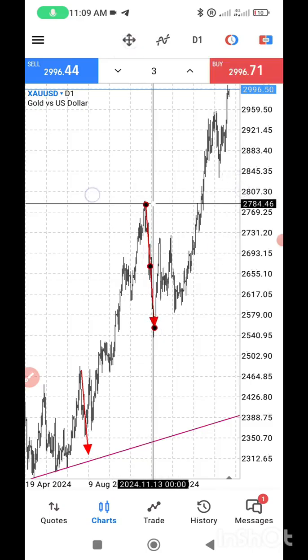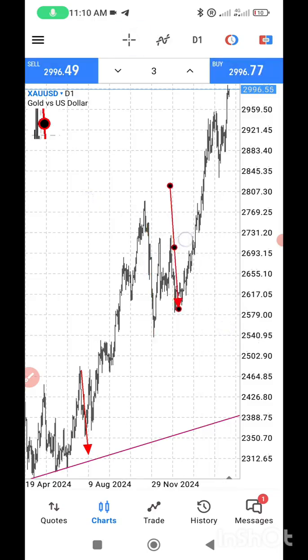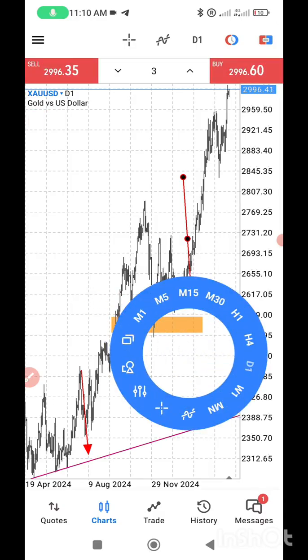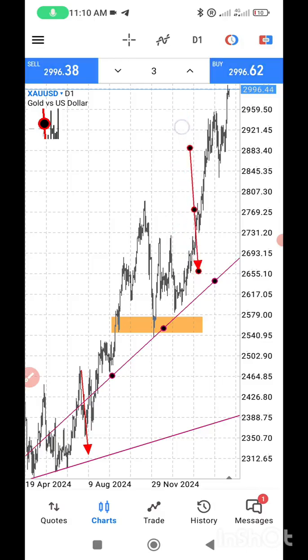No, it's not possible like that. But this is less than the previous move, and so what you need is key structures. You can enter the market here. You can enter the market here. You just look for setups. You can map this. You can still enter this market as price approaches this trend line.